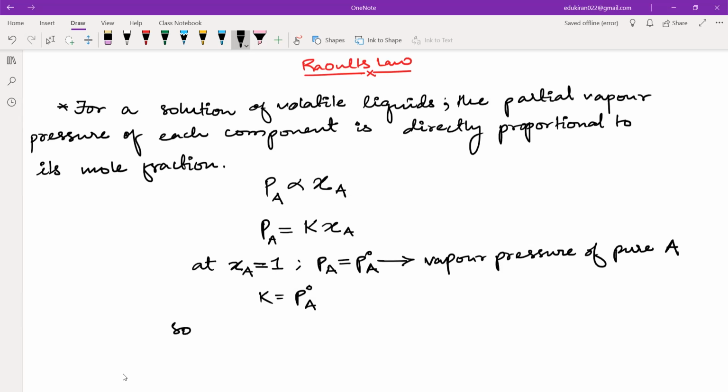So partial vapor pressure of A will be equal to the vapor pressure of pure A multiplied by the mole fraction of A that is present in the solution.